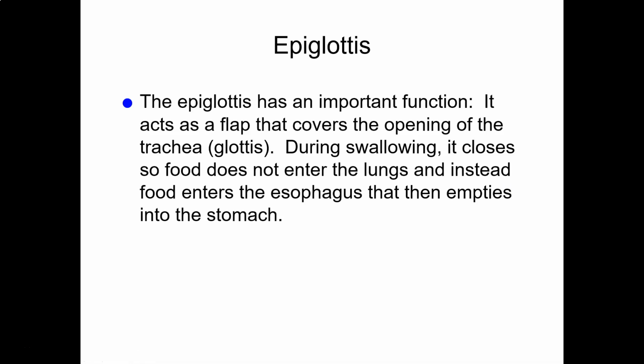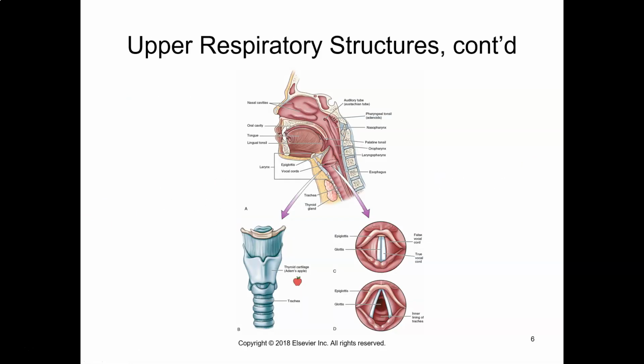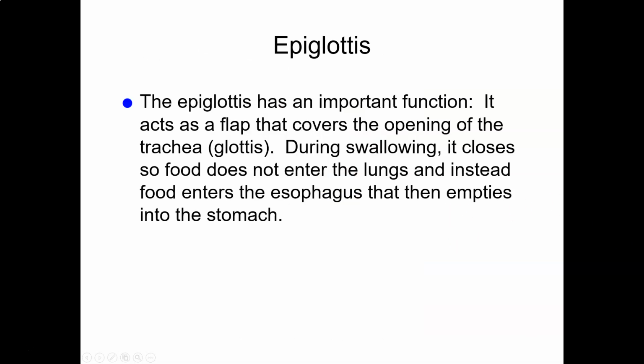The epiglottis has a very important function. So you find the epiglottis, here it is right here. It's a flap that covers the opening of the trachea, or the glottis. During swallowing, it closes so that food does not enter the lungs, and instead it enters the esophagus and then goes into the stomach.